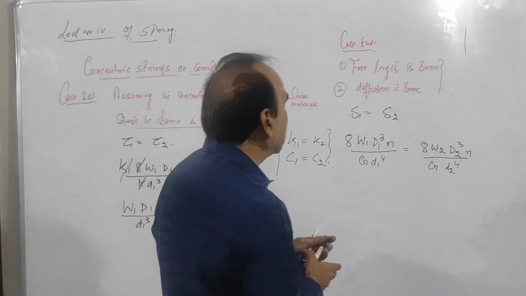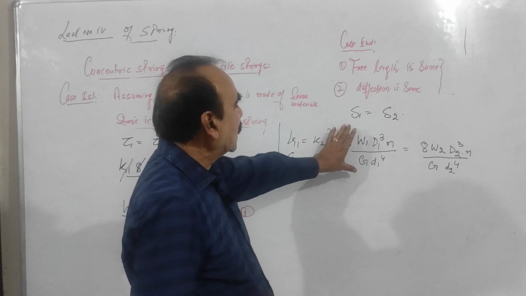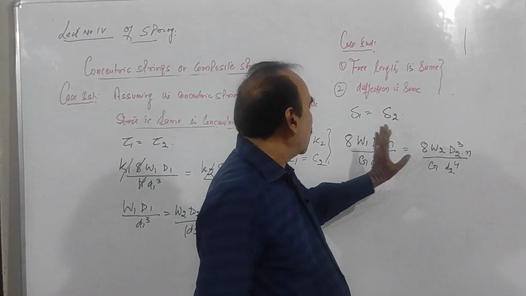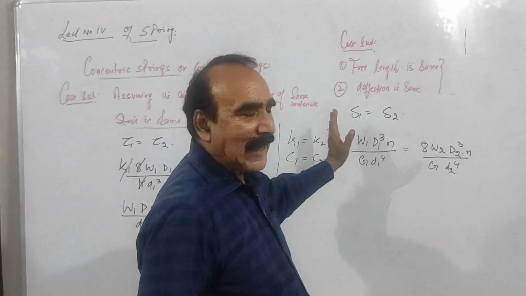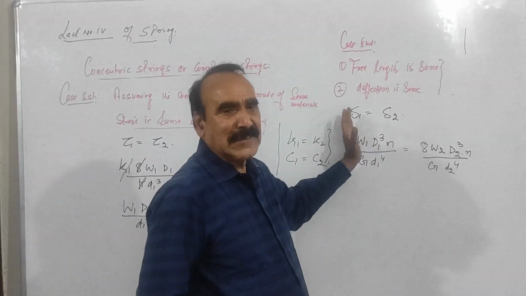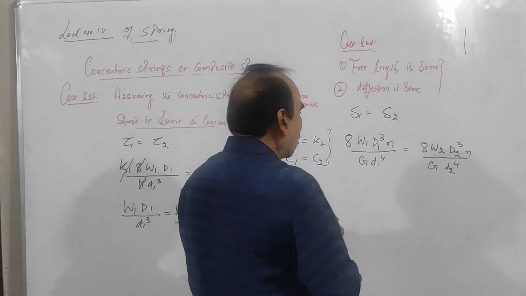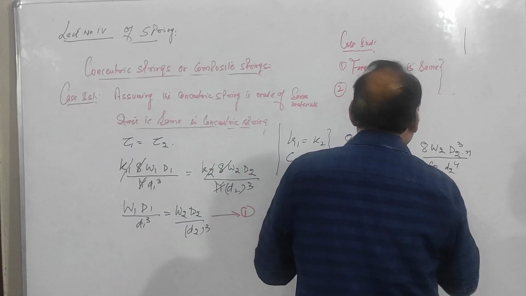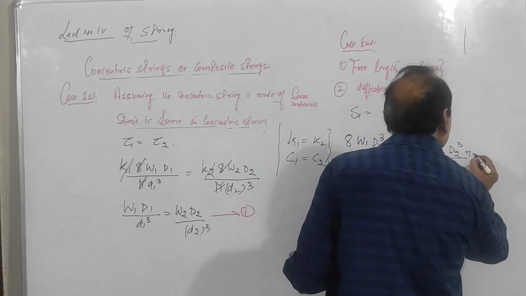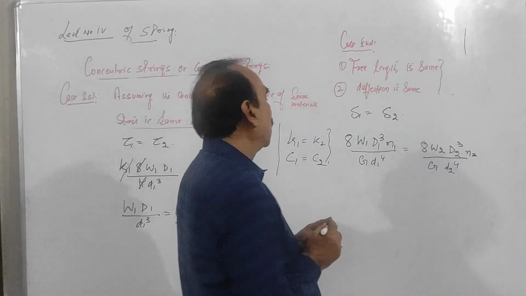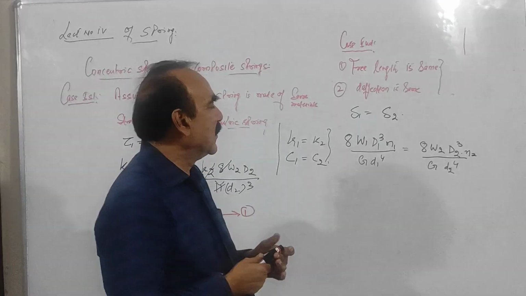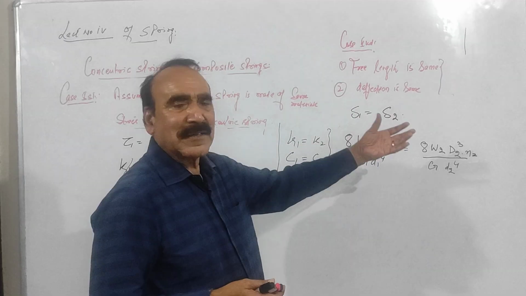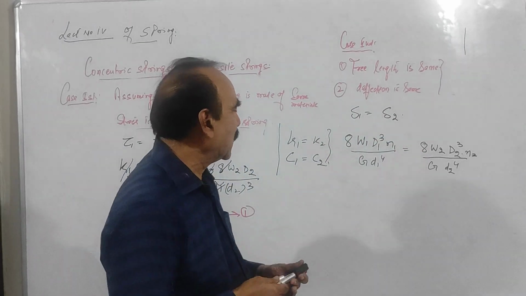So this is deflection is same. So this is the deflection of the one spring and this is the deflection of the second spring. So where W1 that I have explained you, what is D1 that is also I have explained you, and this is N1 and N2, because this is N1 and this is N2, right? N1 is the number of turns for the first spring and this is N2 the number of turns for the second spring, right?